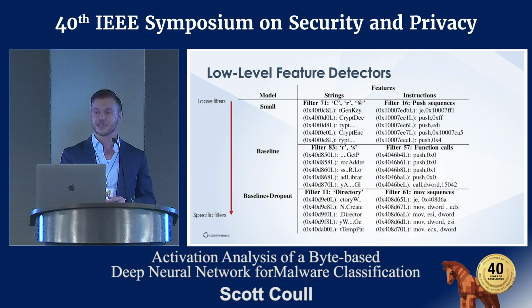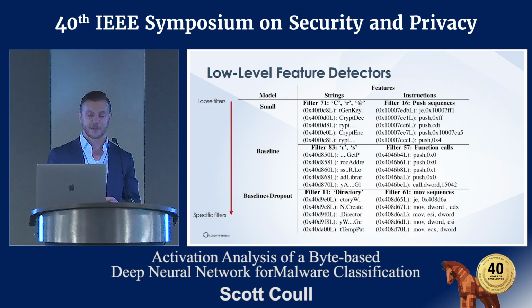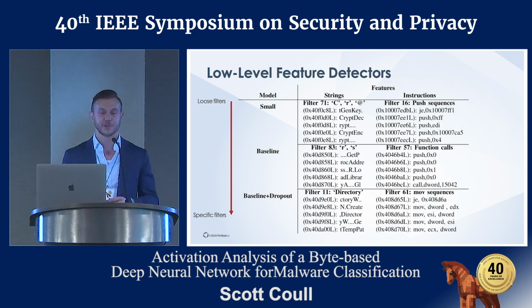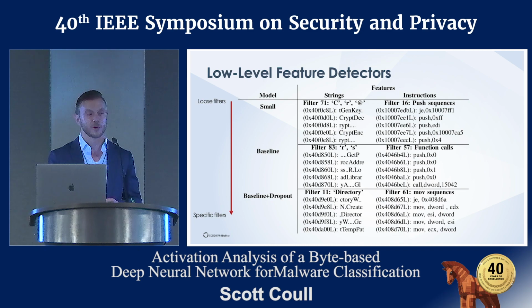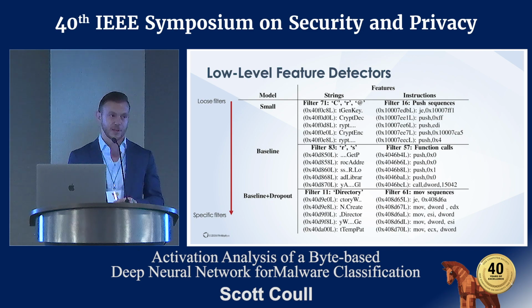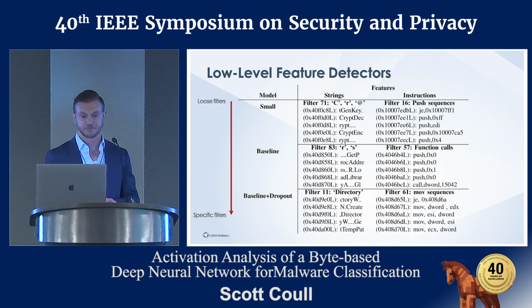But by the time you get to the dropout model, you literally have a filter that is looking for nothing but the word directory, right? So that underscores this weird notion that it gets more and more specific, but actually that specificity has hurt this model in terms of performance.